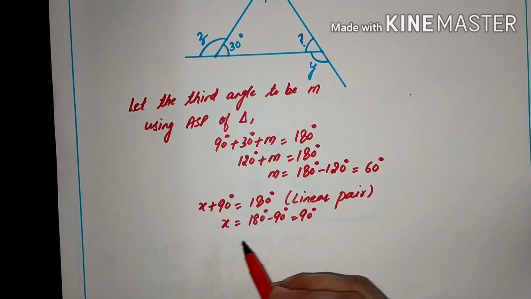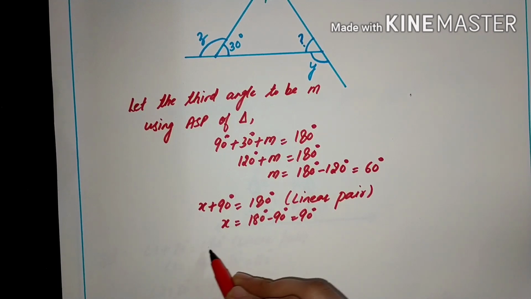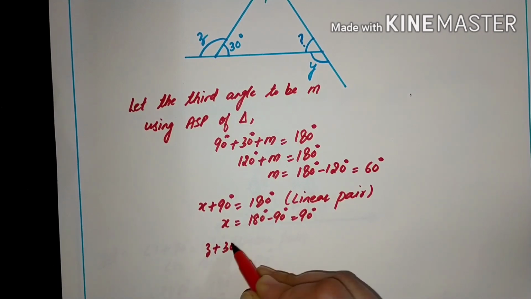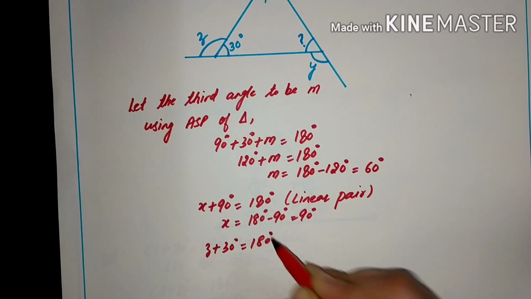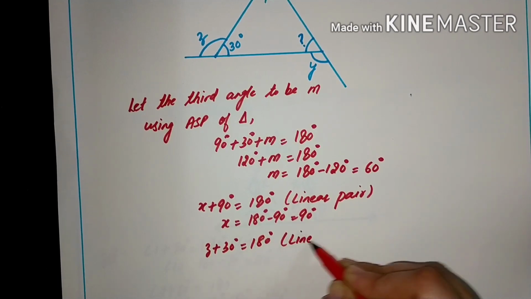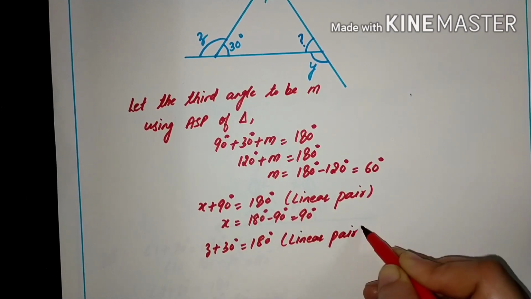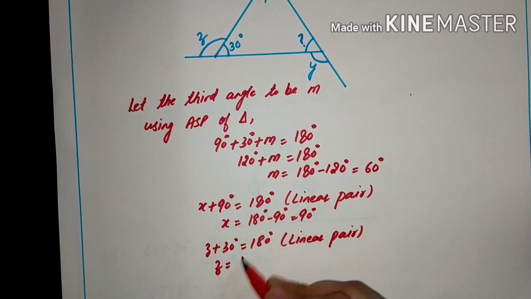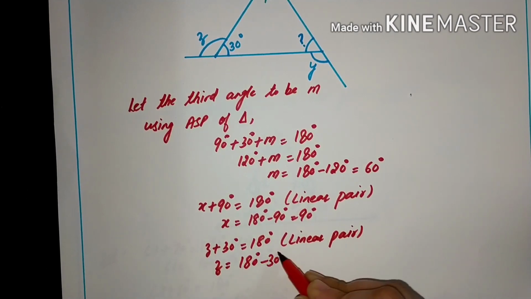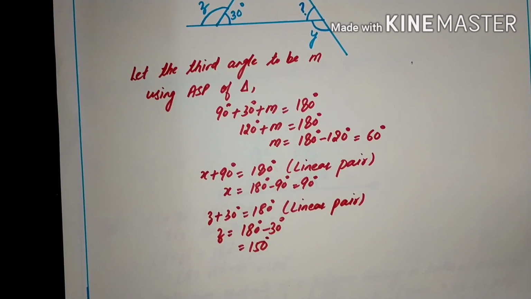Now we will find the value of z. z plus 30 degrees is equal to 180 degrees, forming a linear pair again. So z will be equal to 180 minus 30 degrees, that is equal to 150 degrees. So we got the value of z.